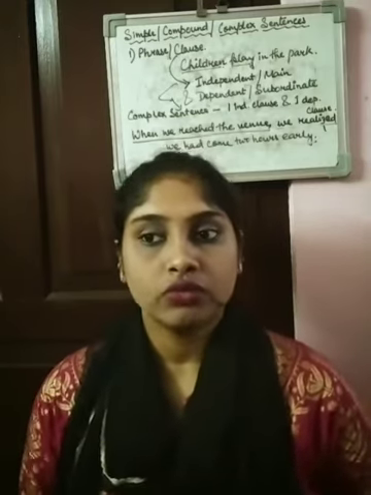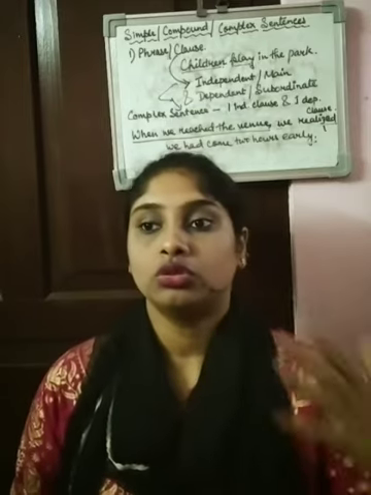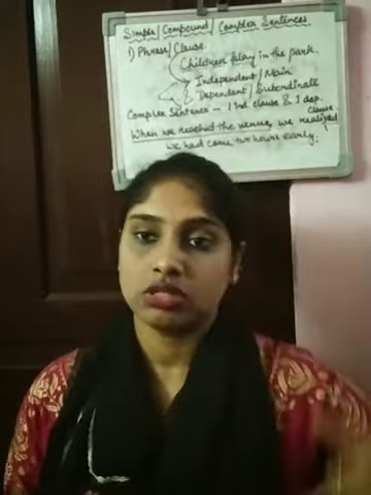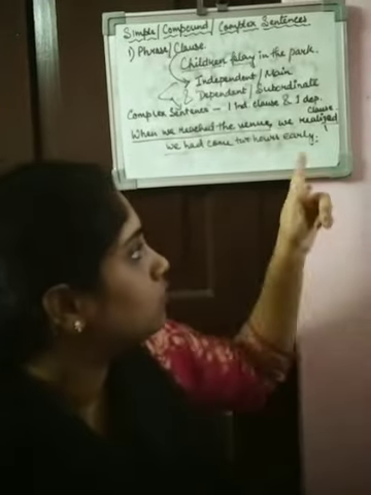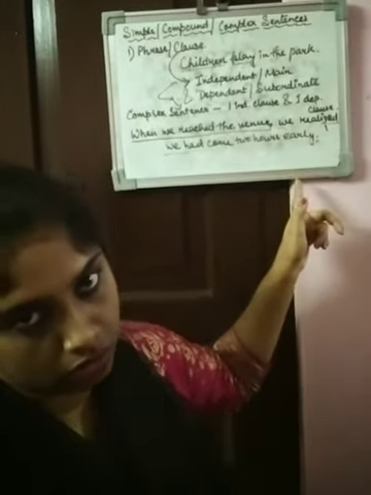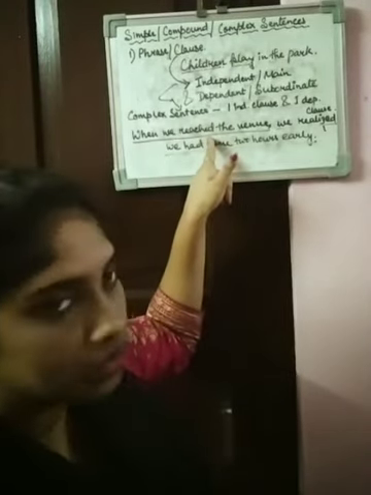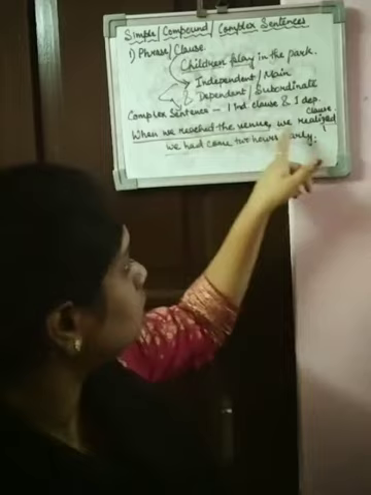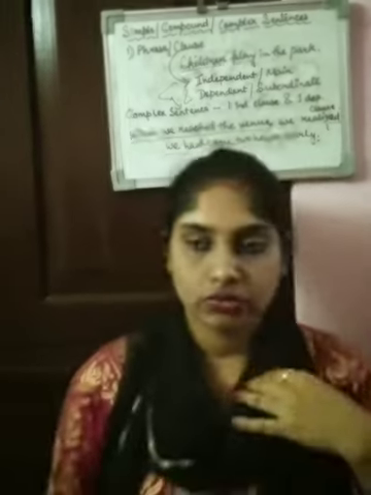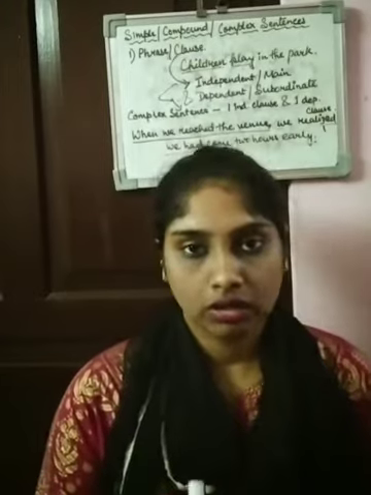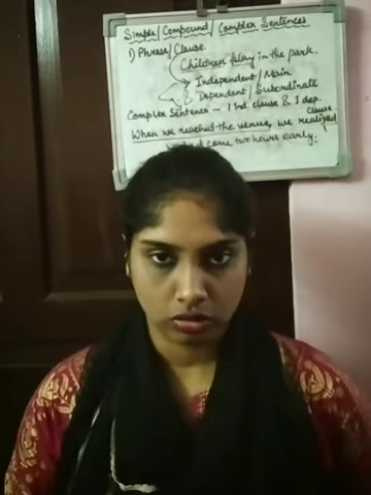So you are waiting for more information, and that information we get in the form of an independent clause. That is how we have a dependent clause here. So in a complex sentence, there should be one dependent clause and one independent clause present.